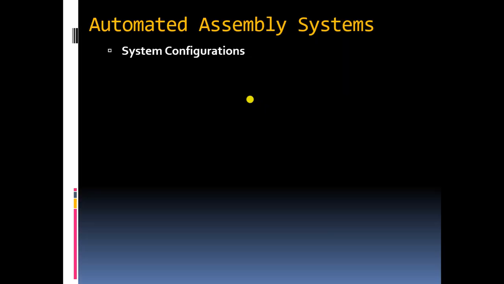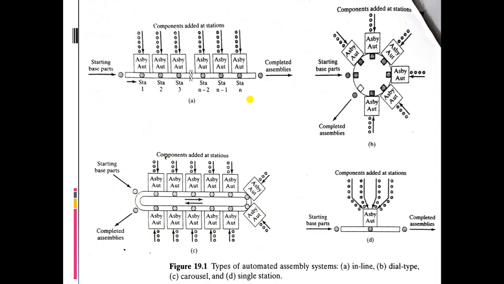Now let's see about automated assembly systems. Some system configurations you'll see here. These are the different ways, or the plans, of assembly systems.